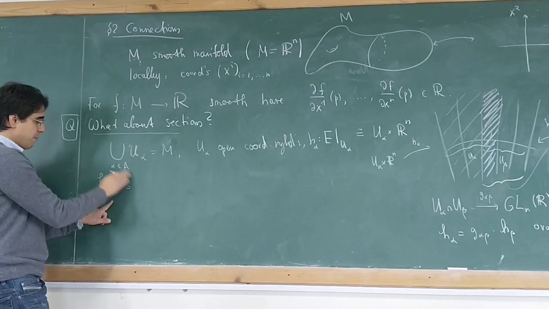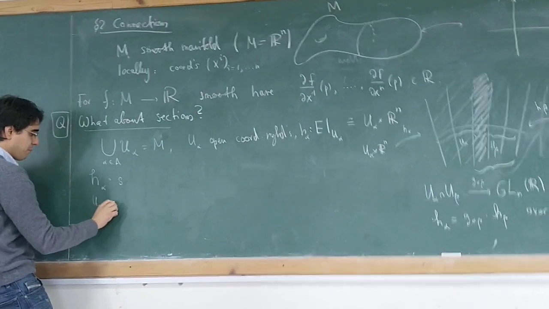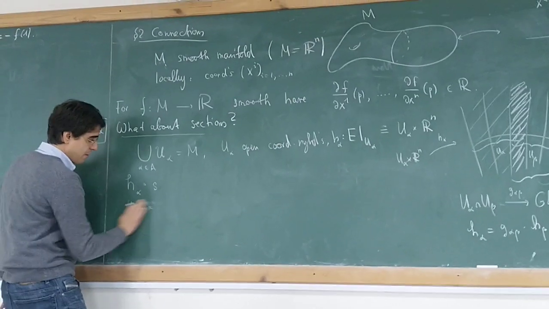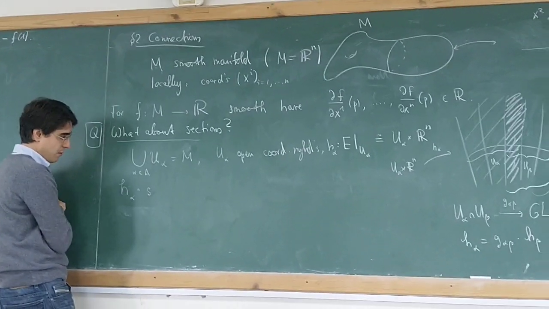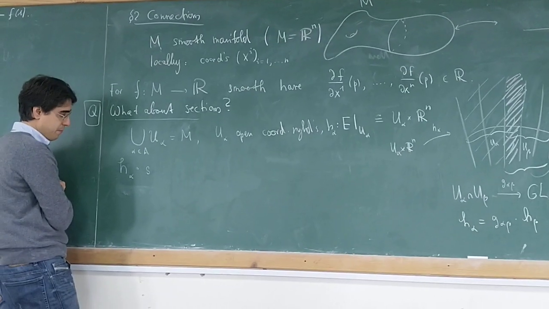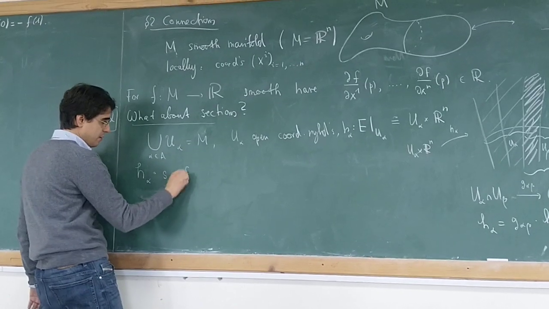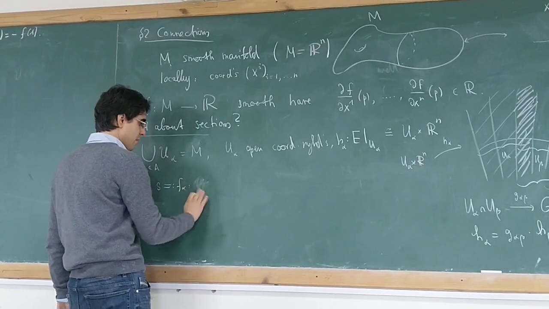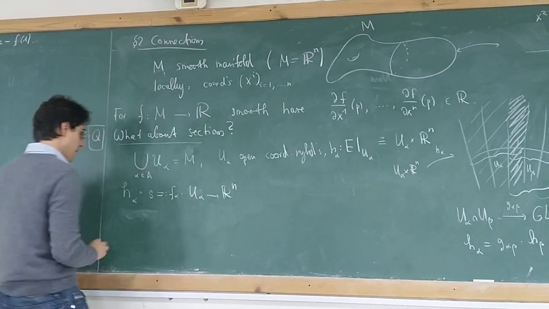So I would think of this as a function from U alpha to Rn. This is what I earlier called F. So locally, a section corresponds to a function. And so we might say this is F alpha, from U alpha to Rn.